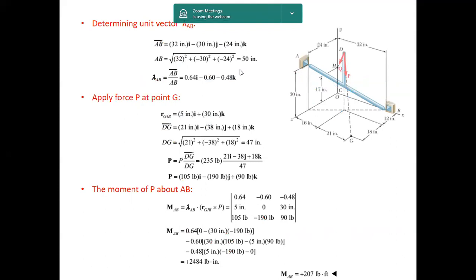It could be any point on the given axis. We can mathematically prove that this triple product does not depend on the point that you choose as the reference point to calculate the moment and the point on the line of action of the force.